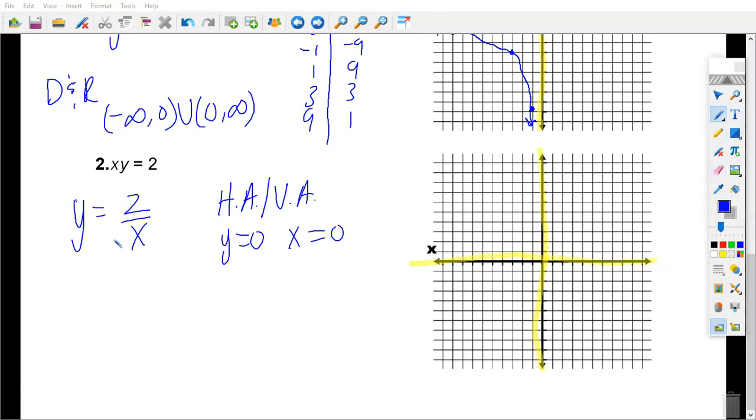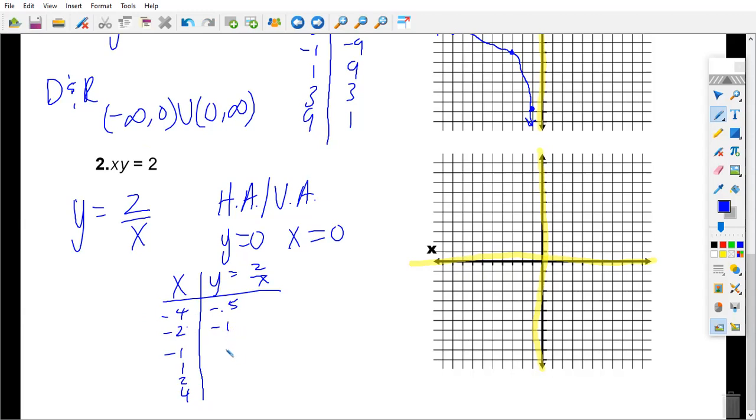Okay, choosing friendly values here for your table, so that y equals 2 over x is an easy number to work with. I'll stay in that range as well. And that's going to give me -0.5.